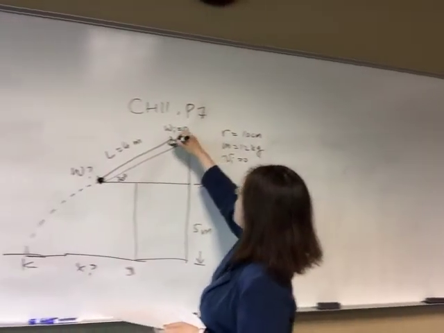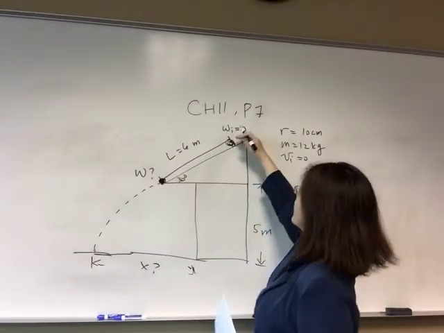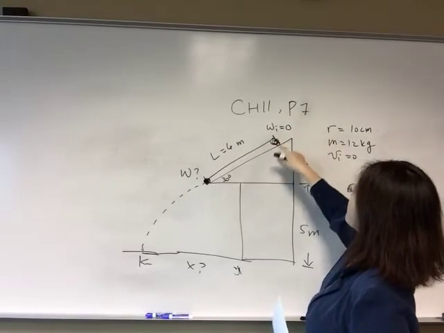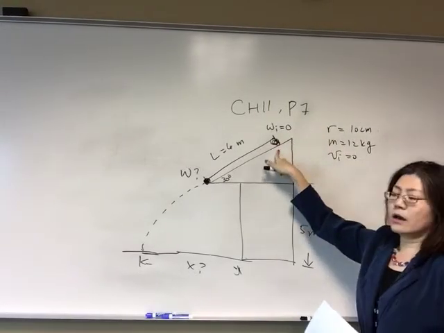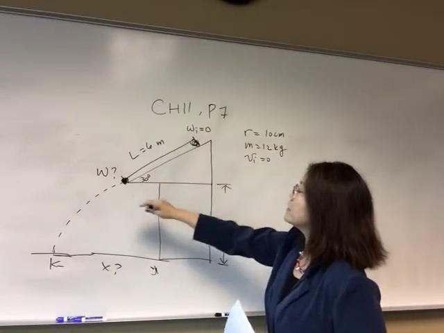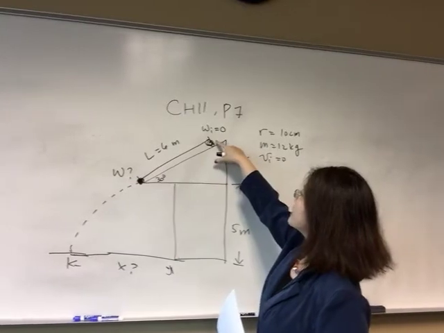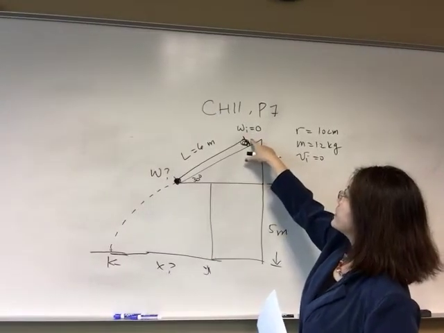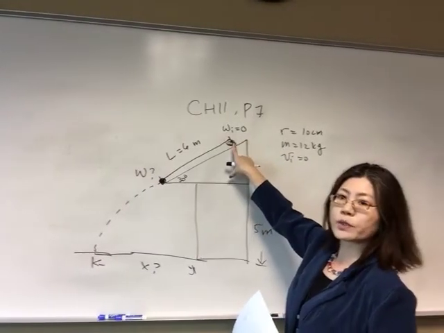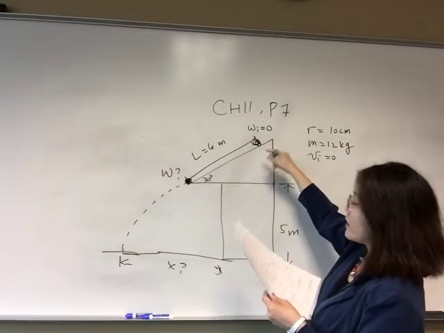From this point to that point, we know the distance that it traveled. At the same time, if you define your gravitational potential energy to be 0 here, then at this position it will have gravitational potential energy mgh.